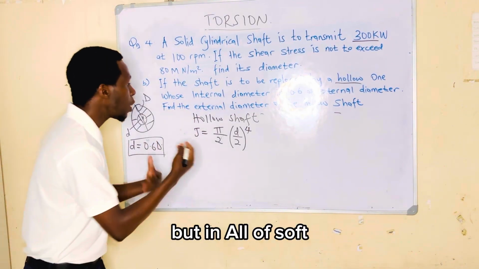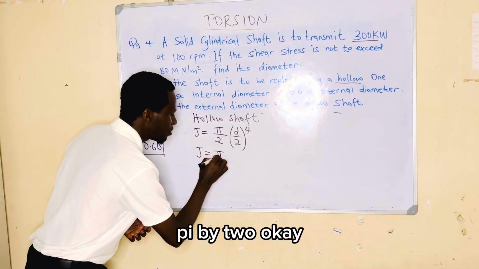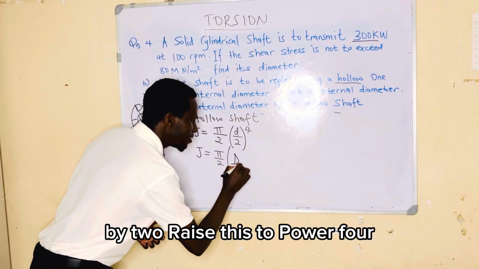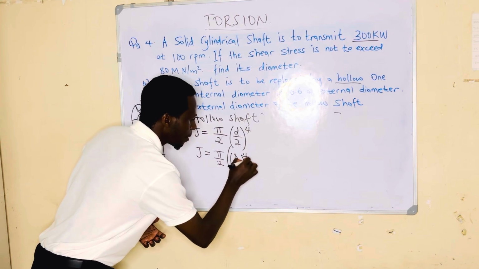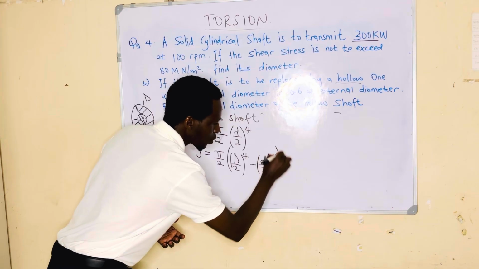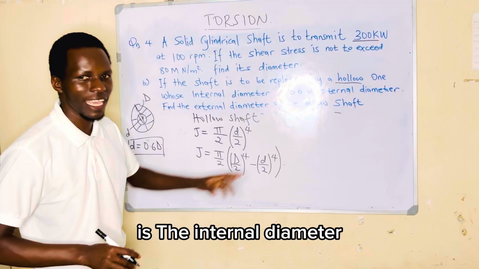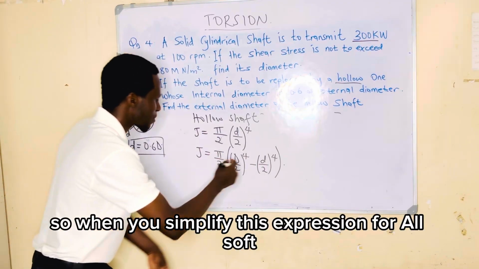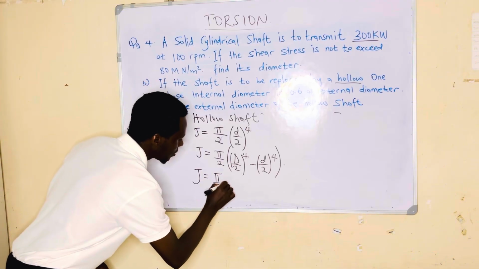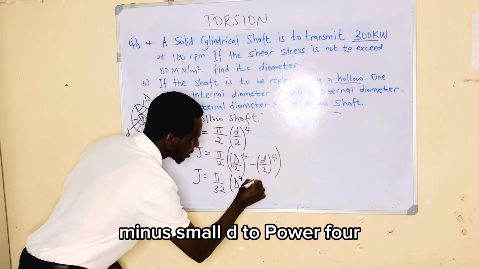But in a hollow shaft, this expression is pi by 2 times D by 2 raised to power 4 minus small d by 2 raised to power 4, because this is the external diameter and this is the internal diameter. So when you simplify this expression for a hollow shaft, our J comes to pi by 32 into capital D to power 4 minus small d to power 4.